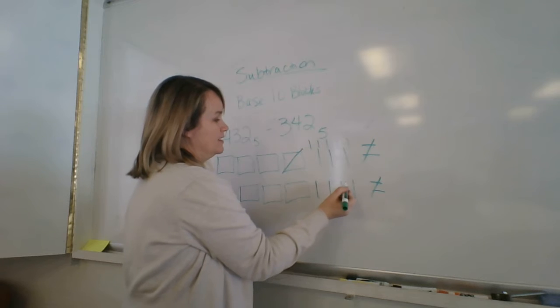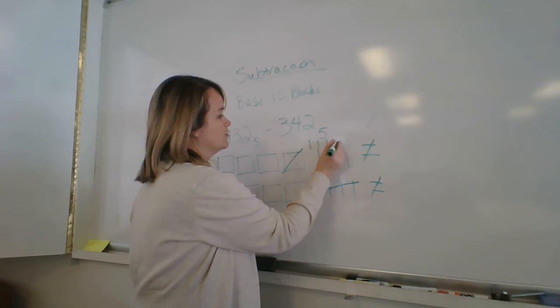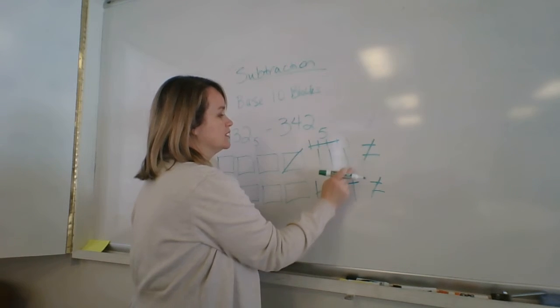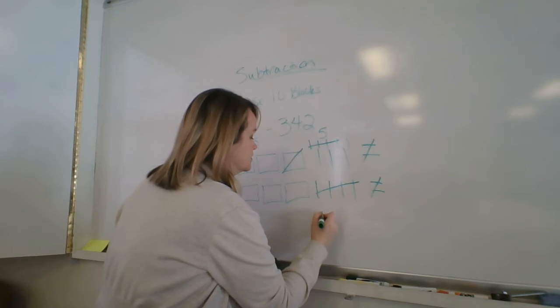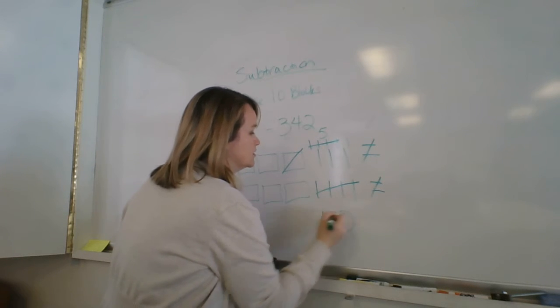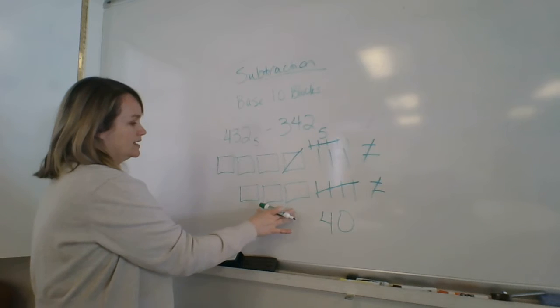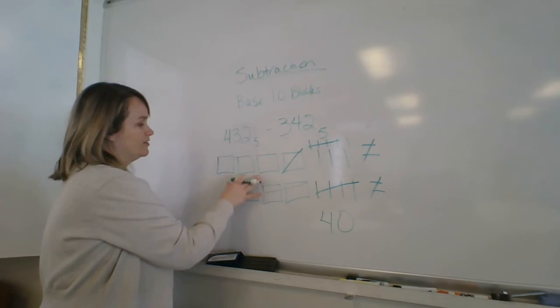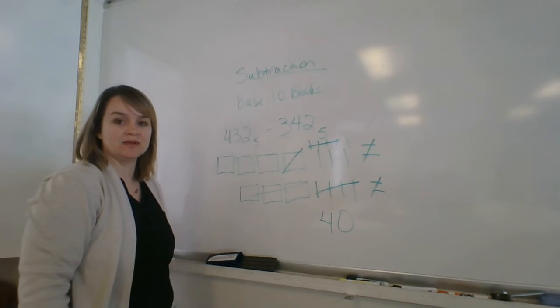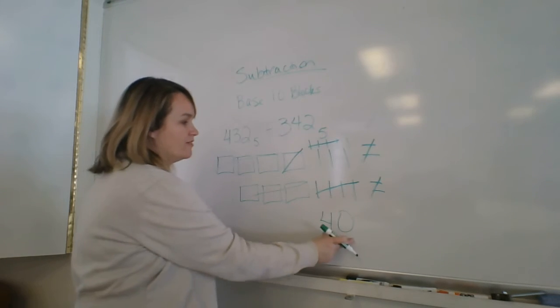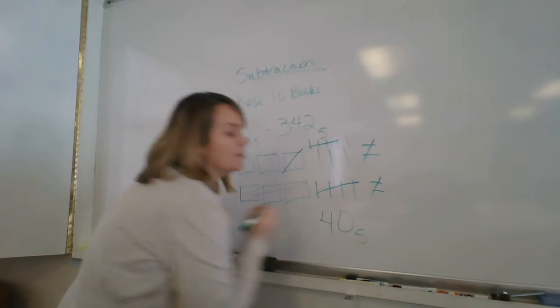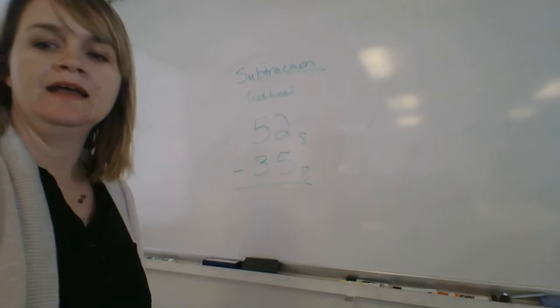We're going to take 4 out. So we subtract 4. We are left with 1, 2, 3, 4. Remember, we have 0 units. And now we're going to take away 3 flats from these flats. So we have no more flats. So we have 40 base 5.